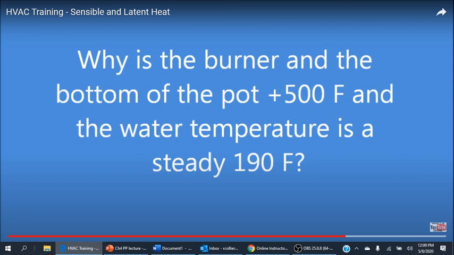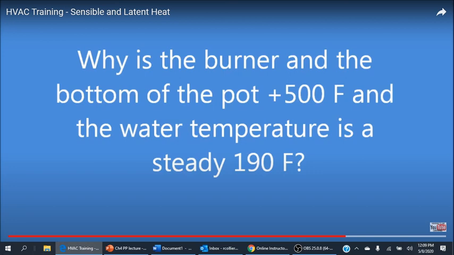Even though the pot is now 500 degrees instead of the 200 we saw earlier, the pot temperature keeps going up because metal temperature will continue to rise. It will, until it melts, it will continue to rise, which, depending on stainless steel, is about 12, 13, 1400 degrees.